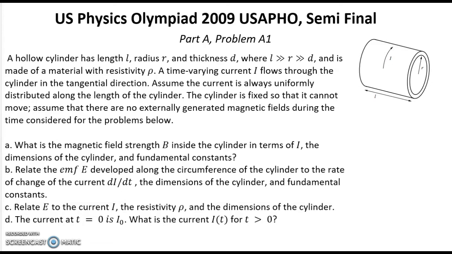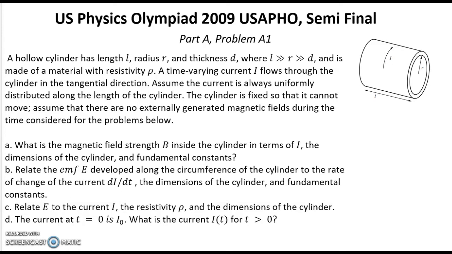Question A. What is the magnetic field strength B inside the cylinder in terms of I, the dimensions of the cylinder, and fundamental constants? B. Relate the EMF E developed along the circumference of the cylinder to the rate of change of the current dI over dt, the dimensions of the cylinder, and the fundamental constants.